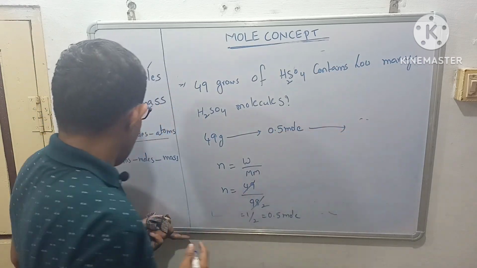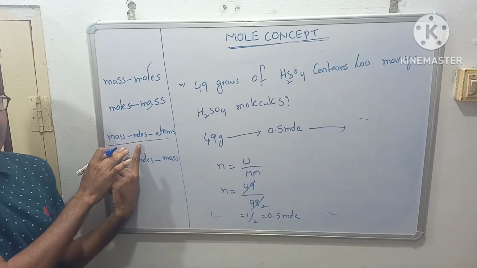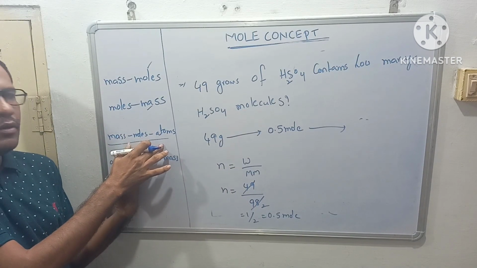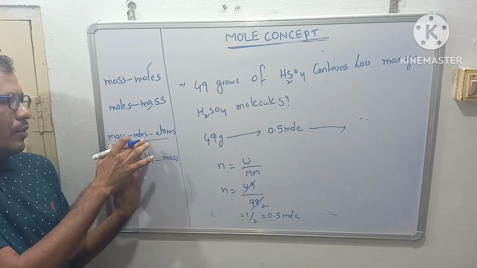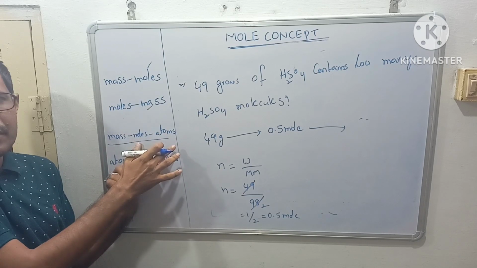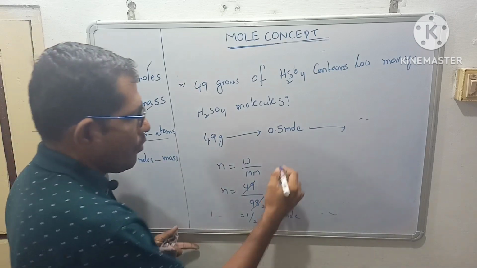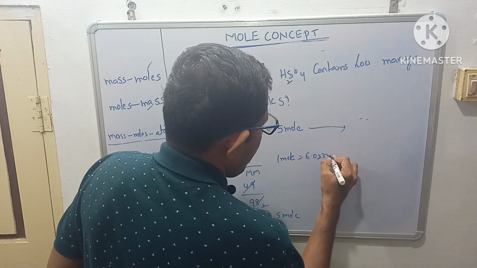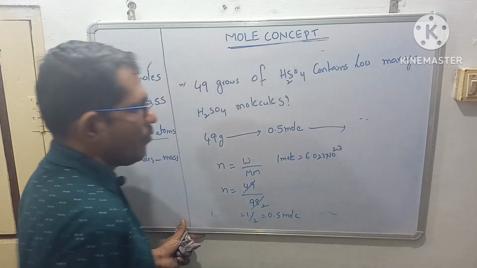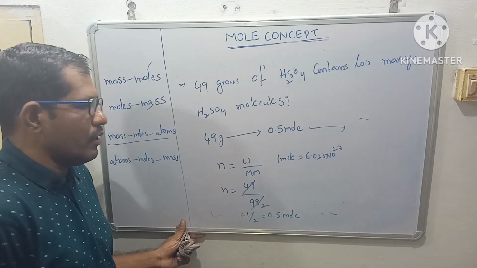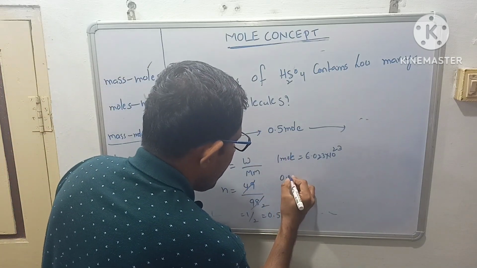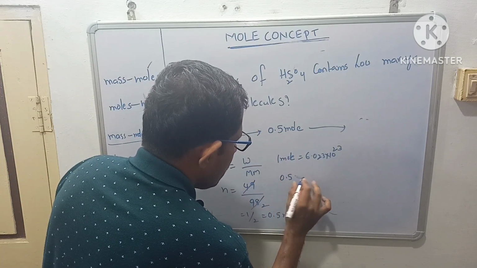So what is the final step here? After the mass, we need to convert the moles into atoms or molecules. As we know, 1 mole equal to 6.023 into 10 power 23. But here how many moles? 0.5 moles. So 0.5 moles means how much?